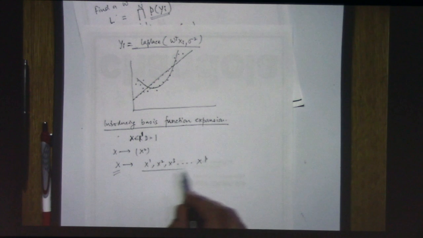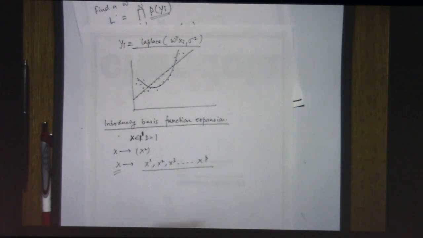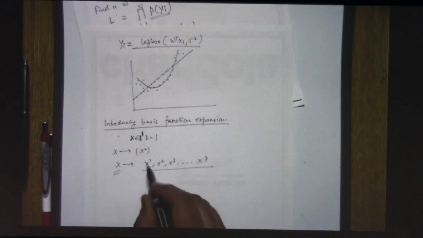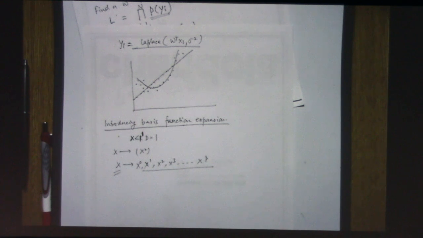So instead of having one variable, suddenly you have p variables. Of course, they're all related, but they are all capturing different aspects of x. Typically we also include the bias, so sometimes we also write it like this. This is called basis function expansion. You're expanding your x to model the nonlinear dependency.